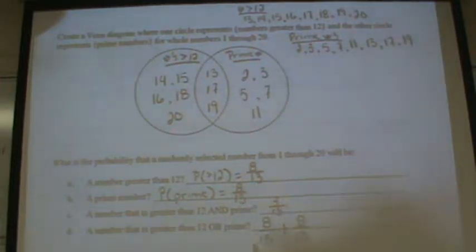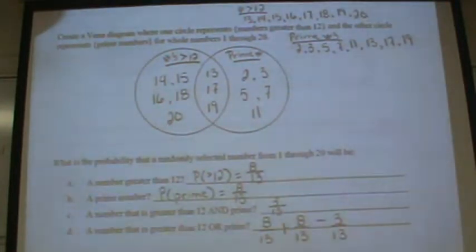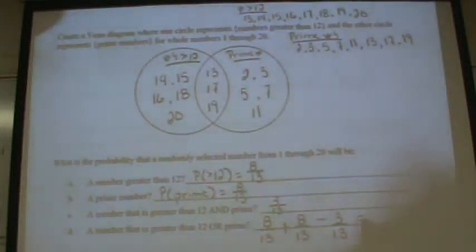Then we subtract when it was both greater than 12 and prime, which is 3 out of 13. So when we simplify and combine our fractions, you get 8 13ths plus 8 13ths, which is 16 13ths, minus the 3 will give you 13 over 13, and that just equals 1.